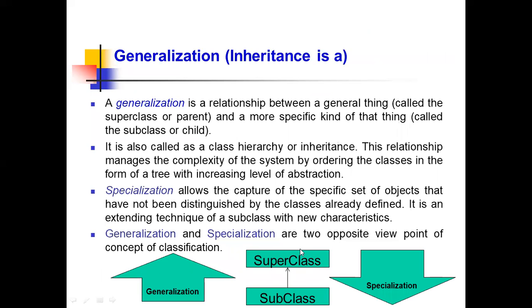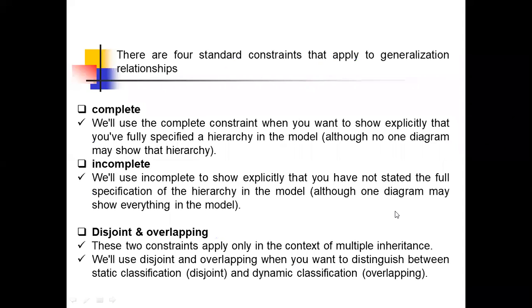The subclass is inherited from that superclass, and specialization is exactly the opposite of generalization. We have seen that there are four constraints in generalization: complete, incomplete, disjoint, and overlapping.